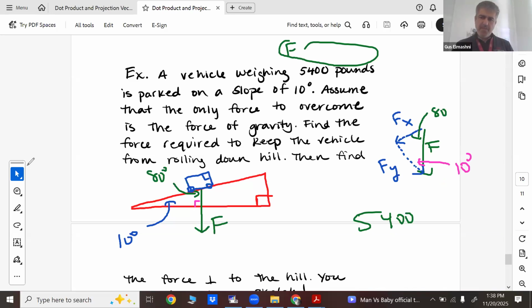Should that be? Yeah, because the horizontal force should be much smaller. What drawing do you have? If you're pushing out like this. Let's try it. So you guys are saying it should be this.